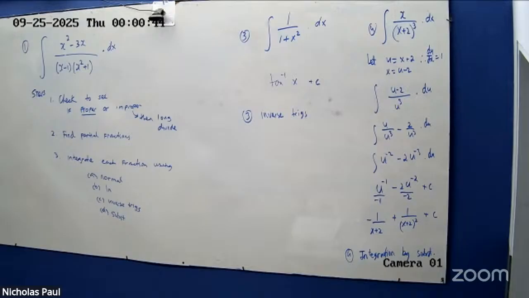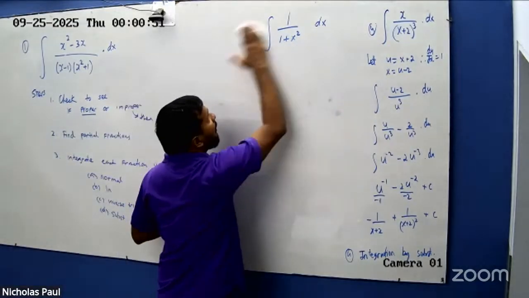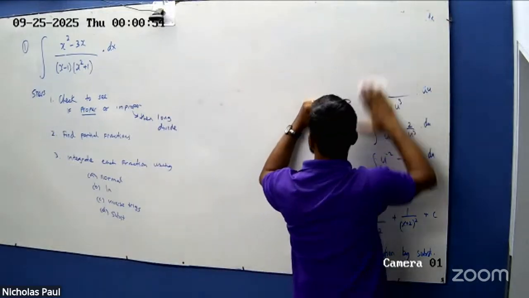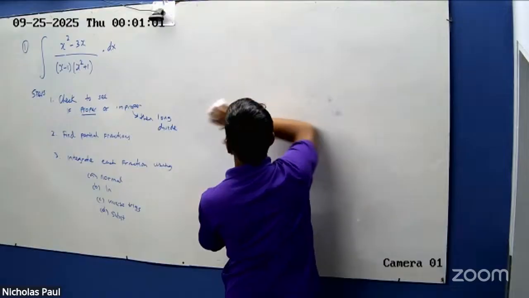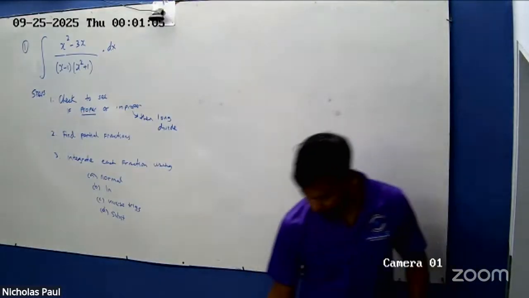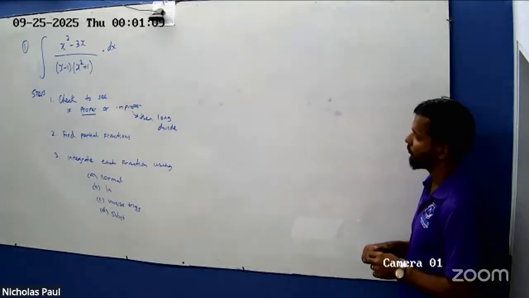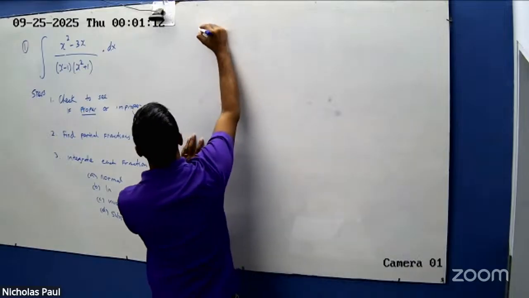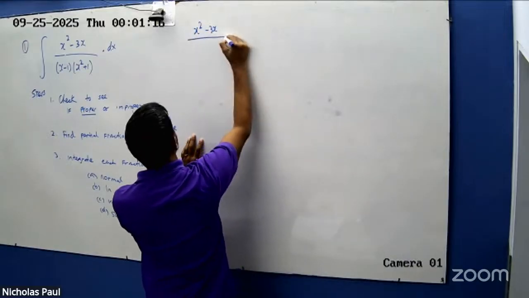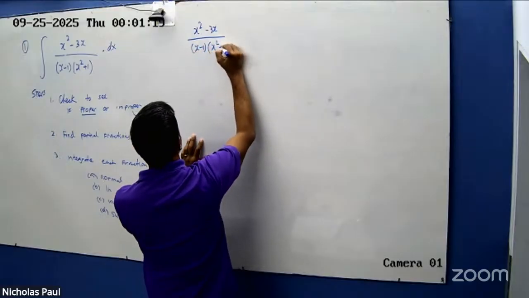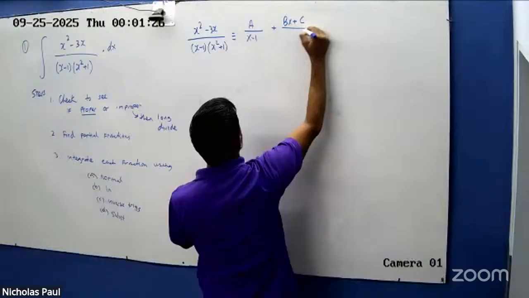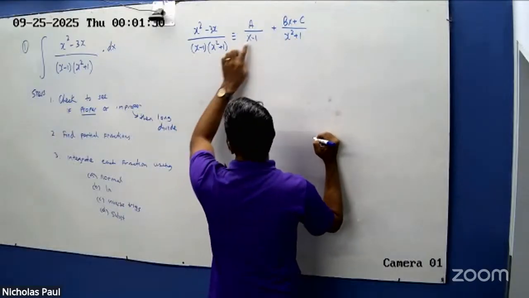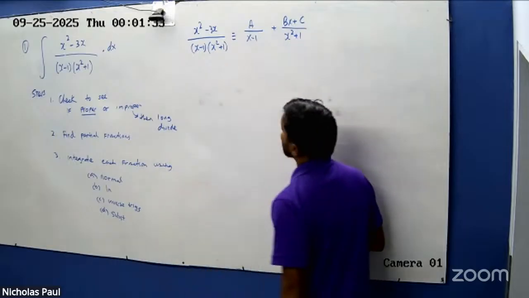Apply the partial fractions and then we'll integrate it. Remember, we have a linear denominator and a quadratic.